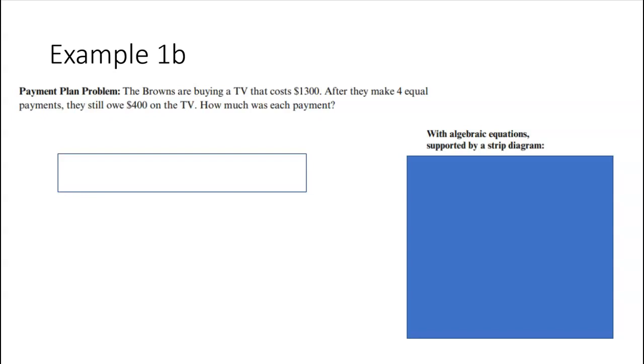So the Browns are still buying the same TV. We want to use algebraic equations, but use the strip diagram to support us. So we've got 1, 2, 3, 4. We know that that's $400, and we know the whole thing is $1,300. So, well, if we're using algebra, we can use a variable.